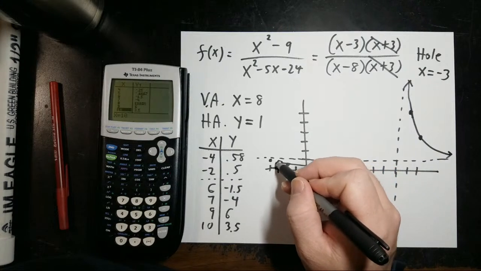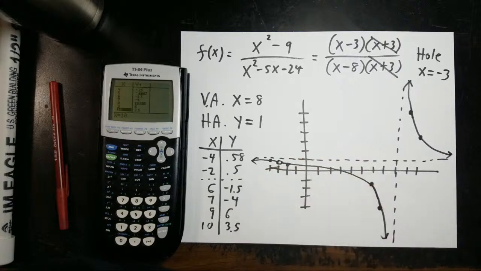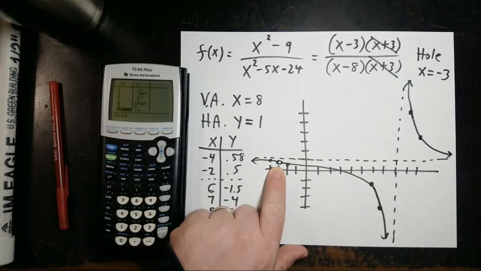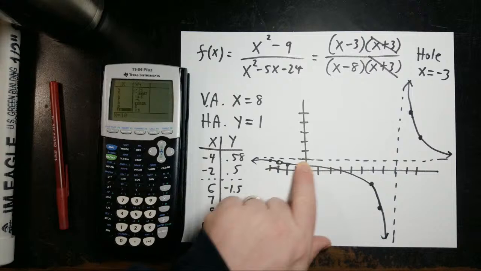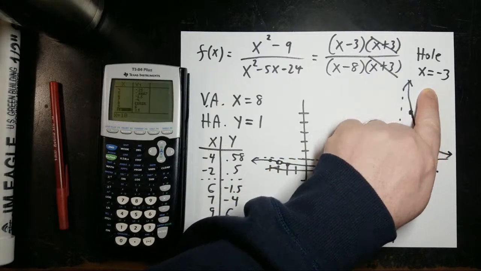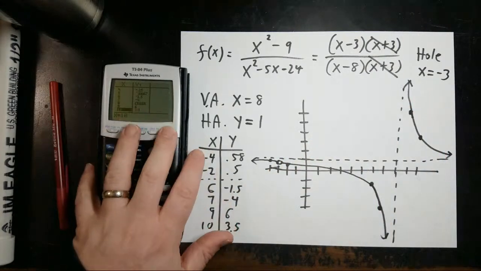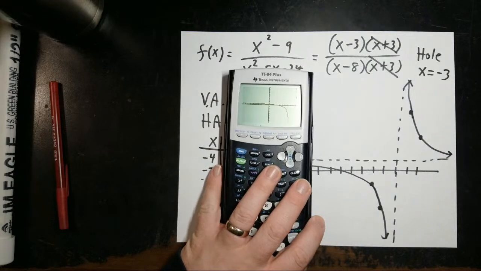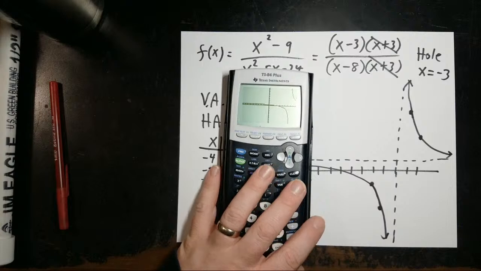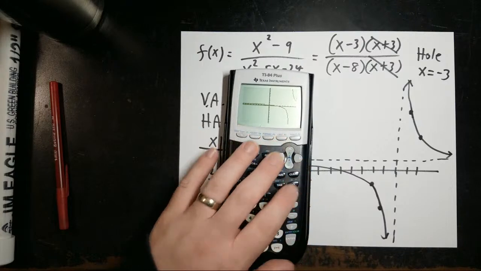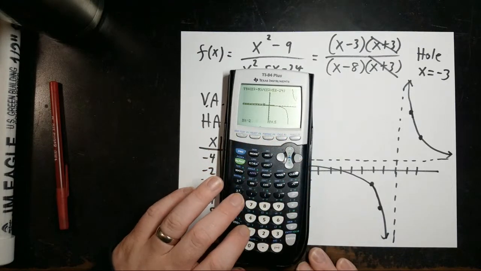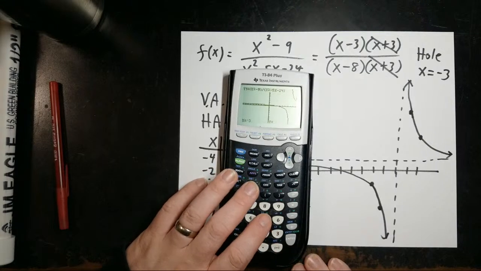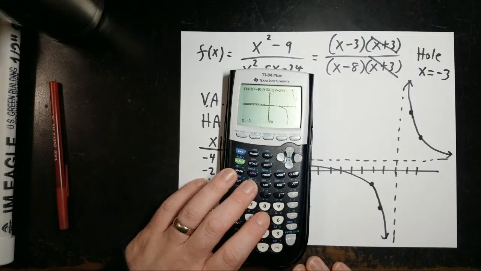But there's going to be a hole right there. That's where that hole's going to be, at negative 3. And we found that out right at the beginning of the problem. If you go to the graph of this, you can see that it does give us exactly what we thought it would be. Then when we go negative 2, negative 3, oop, there's the hole. You can see there's no y value.